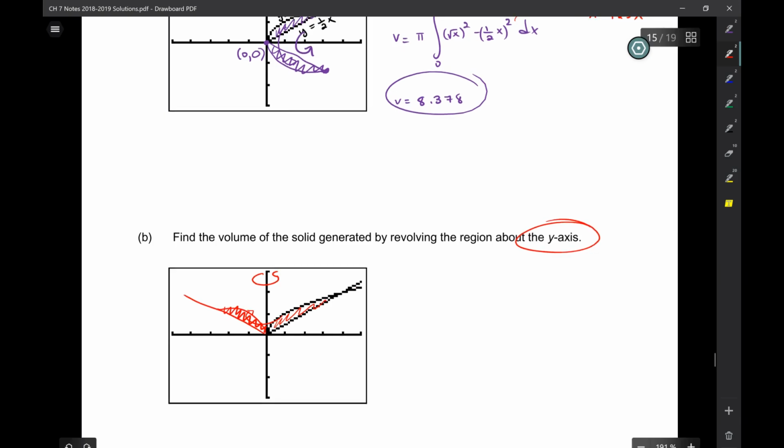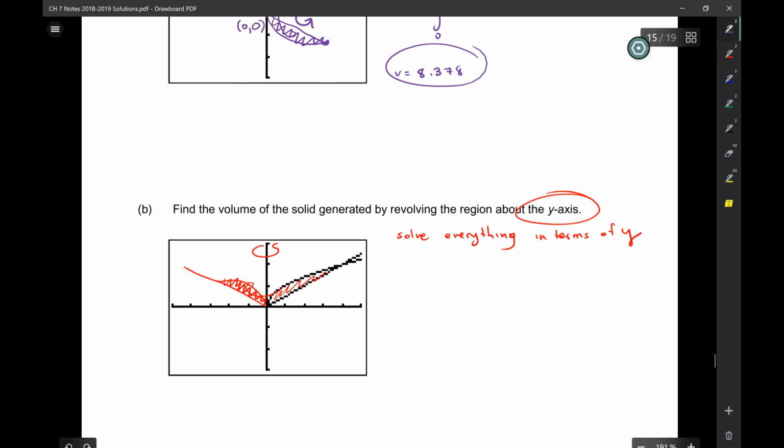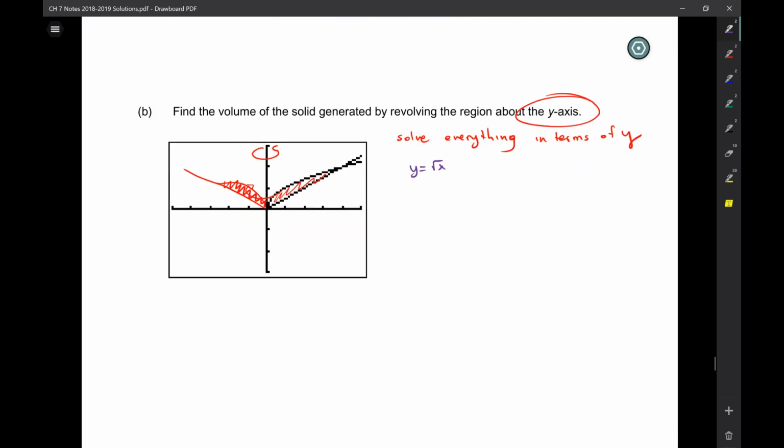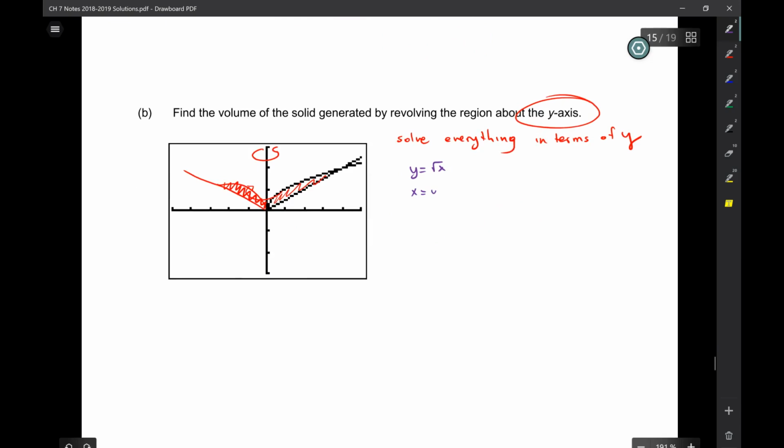So what we have to do is solve everything in terms of y. That means if y was root x, then what's x equal to? Y squared. Okay, so that's my one function. And then when y equals half x, what's x equal to? 2y. So these are the ones I'm going to use now.